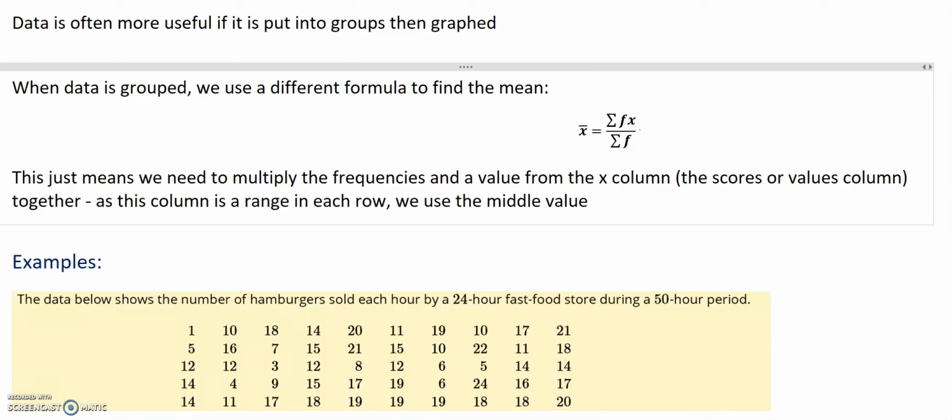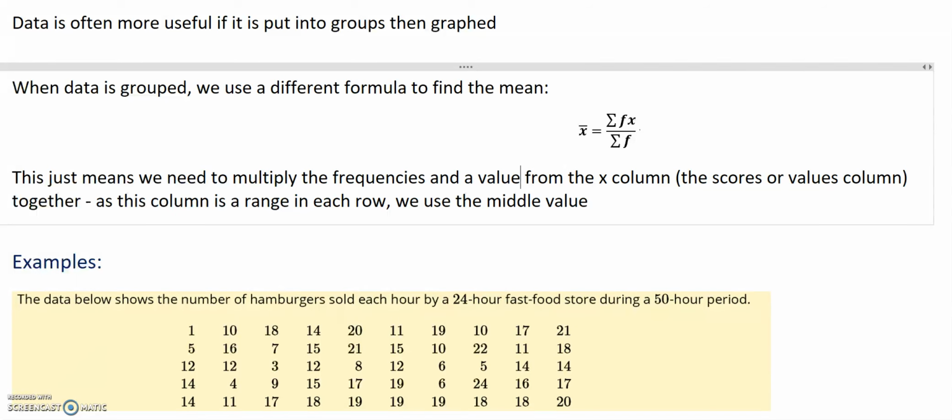As we have discussed before, when we have a large set of data, lots and lots of data values, it becomes easier and more useful if we put them into groups. Once we put them into groups, graphing it, putting it into a table, finding the frequencies becomes much easier and more useful.